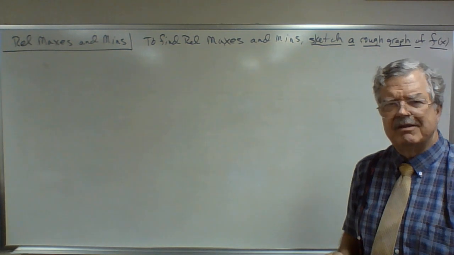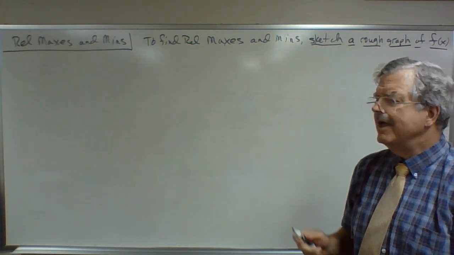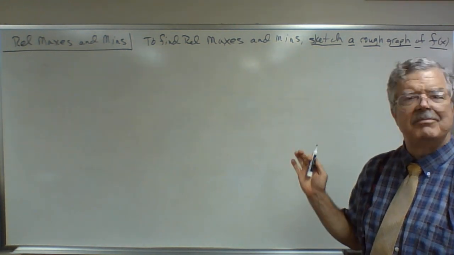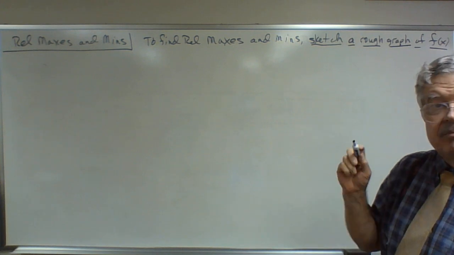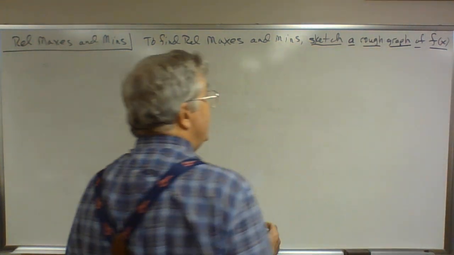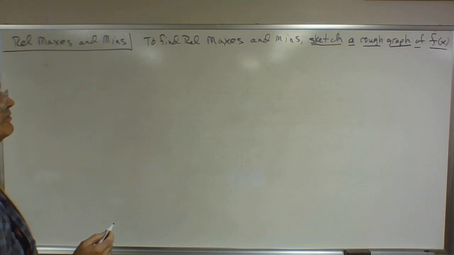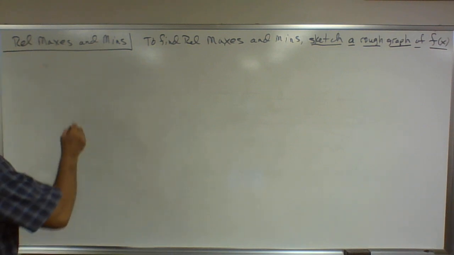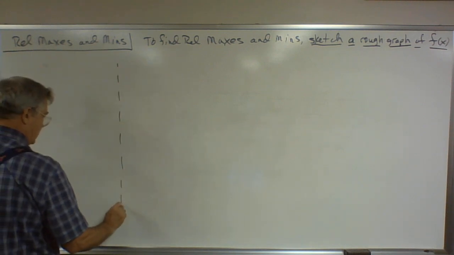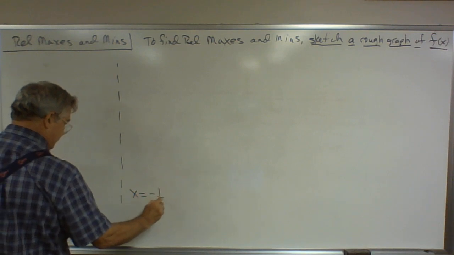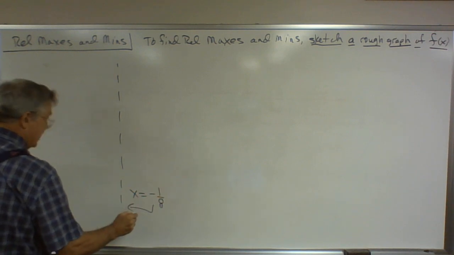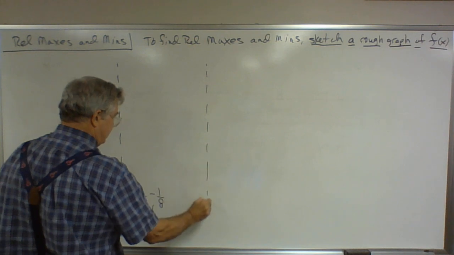They're not really relevant here. We have more meaningful frames of reference, namely the critical numbers. And our critical numbers are what? Negative 8, negative 1/8. And x equals 0.